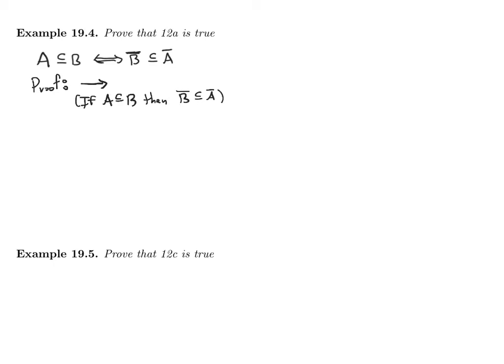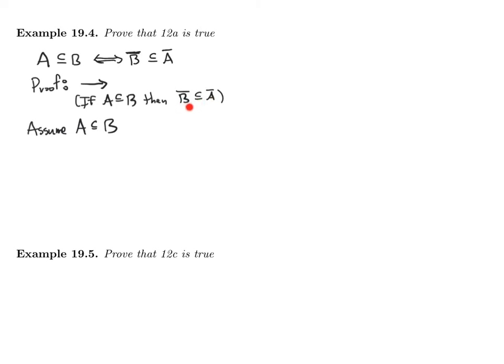All right. So let's assume that A is a subset of B. We know what that means. That means any element of A is also an element of B. Okay. So we need to show that the negation of B is a subset of the negation of A.